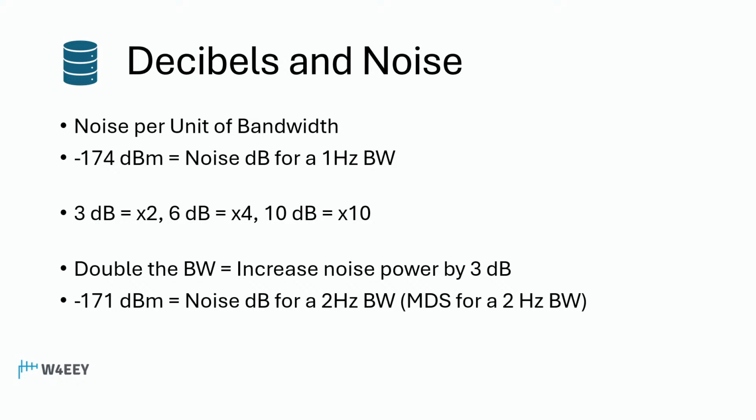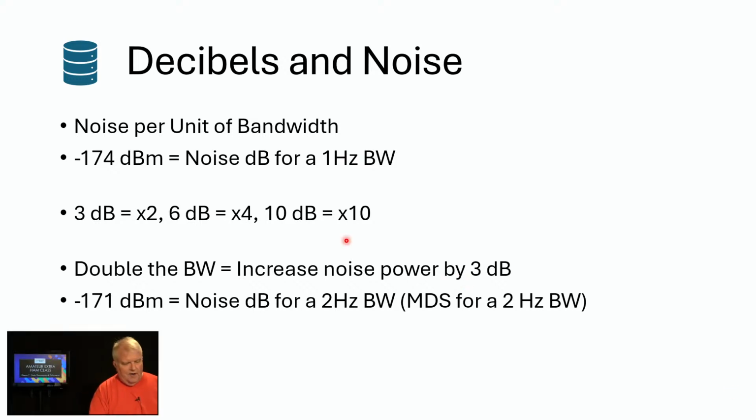And so here is what we just talked about, the 174 for 1 hertz. Well, if we were to double that bandwidth, that's the same as times 2, or 3 dB. 6 dB is times 4, remember? 10 dB is times 10. Well, if you double the bandwidth, it's the same as increasing the noise power by 3 dB.